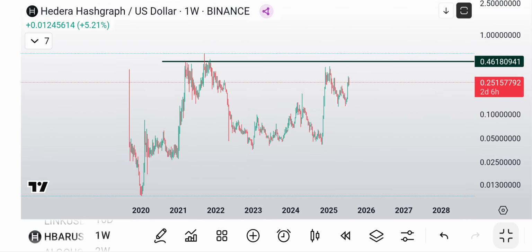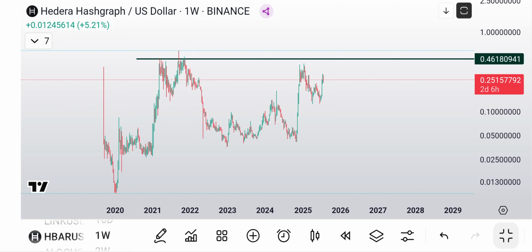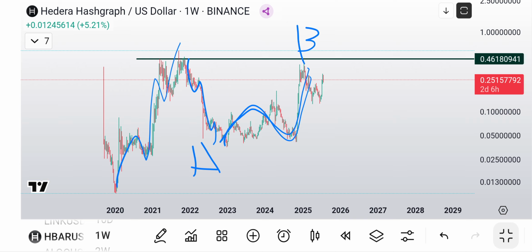The only thing I don't like about those coins is, you have 5 waves up. Is this 3 waves? So is this 1, 2, 3, 4, 5 A, and then you go up in a B, and then you come 1, 2, 3, 4, 5 down for C? That would totally suck, and then go up.